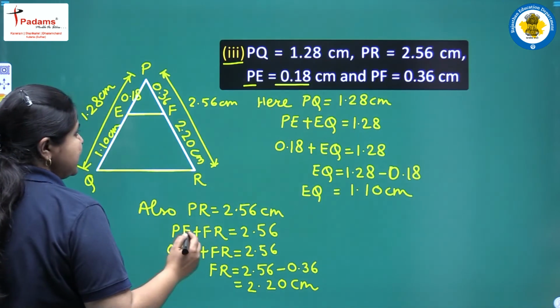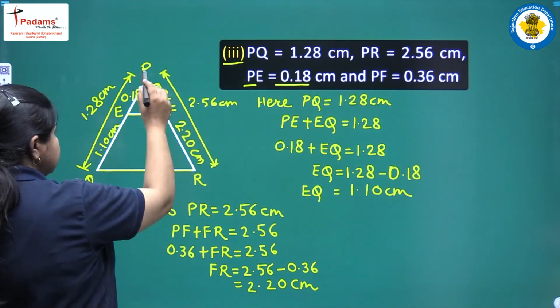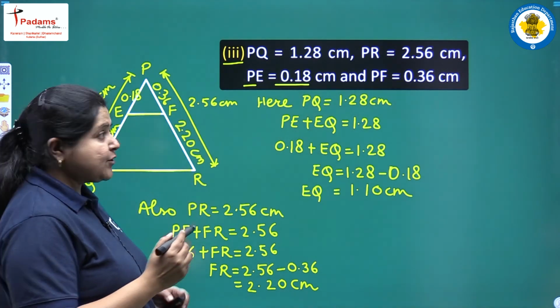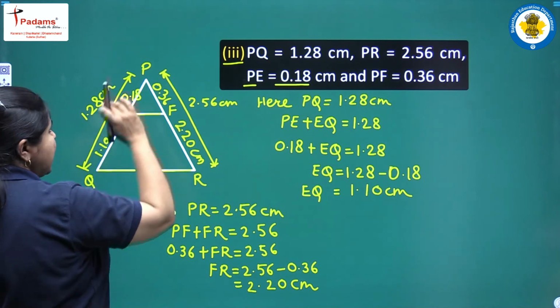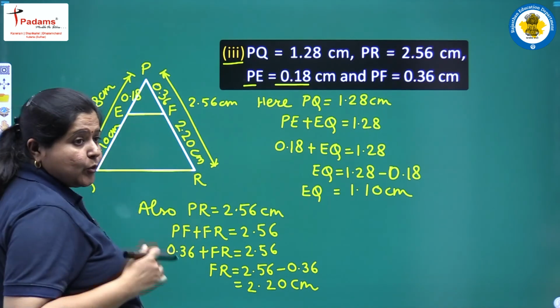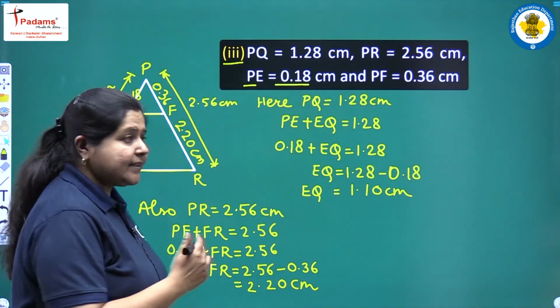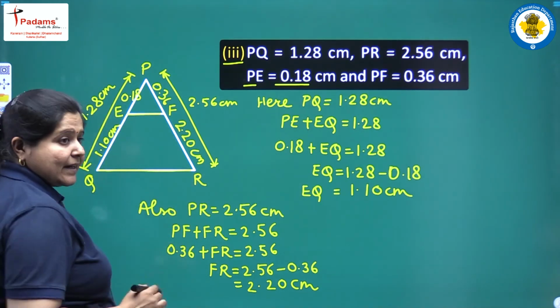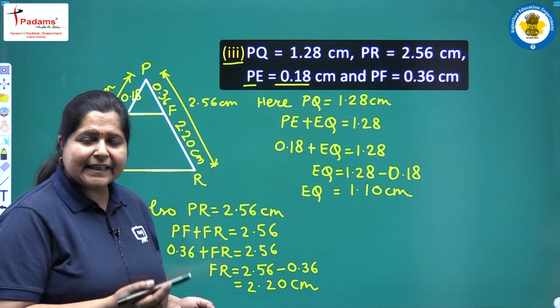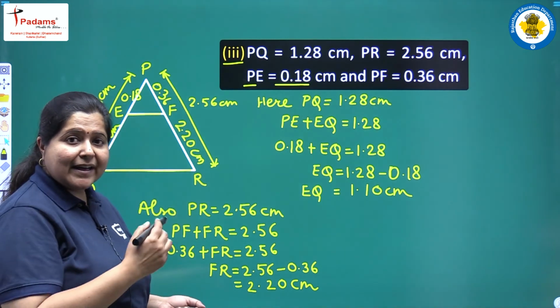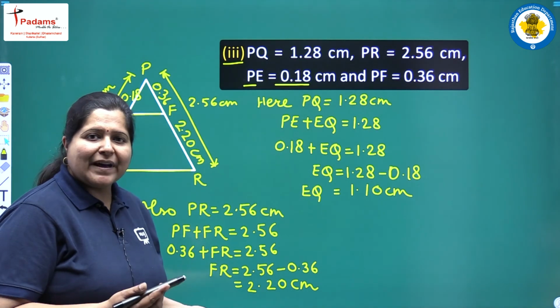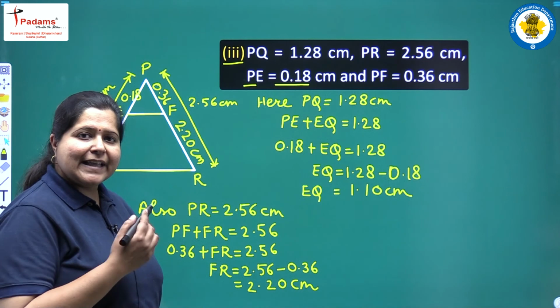Again you see, as we have been given the full length, we could have also taken the ratio PE upon PQ and PF upon PR. हम उस रेशो से भी ये चेक कर सकते थे कि EF और QR पैरेलल है या नहीं. अगर वो रेशोज इक्वल आते तो हम डिसाइड कर सकते थे कि ये पैरेलल है, और इक्वल नहीं आएंगे तो पैरेलल नहीं है. You could have taken it in that way also.